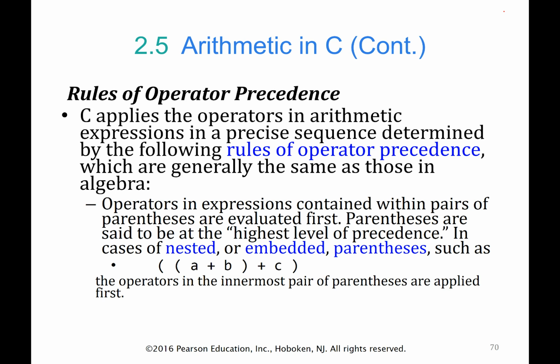If we have extra parentheses, it doesn't matter. Since plus is an equal precedence, in this particular case, looking at this line right here, we don't need any parentheses. They're just completely not needed.